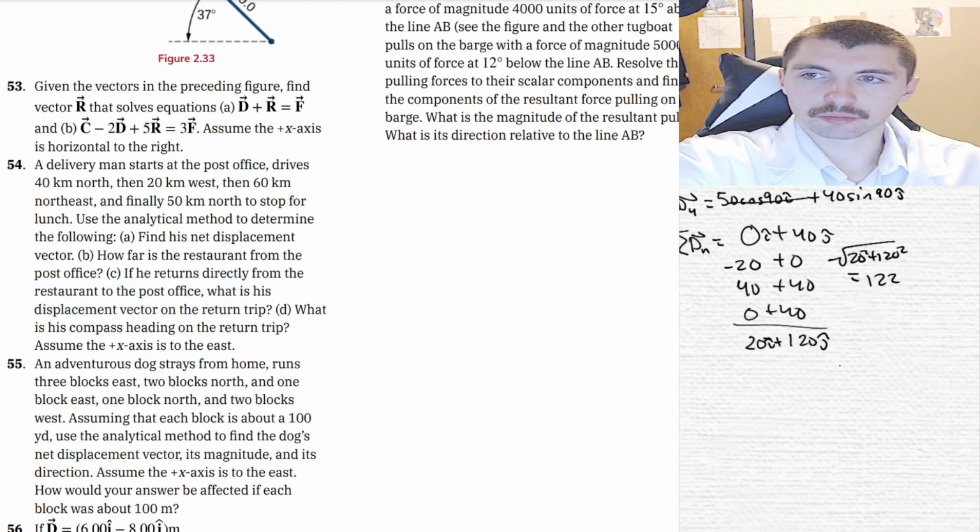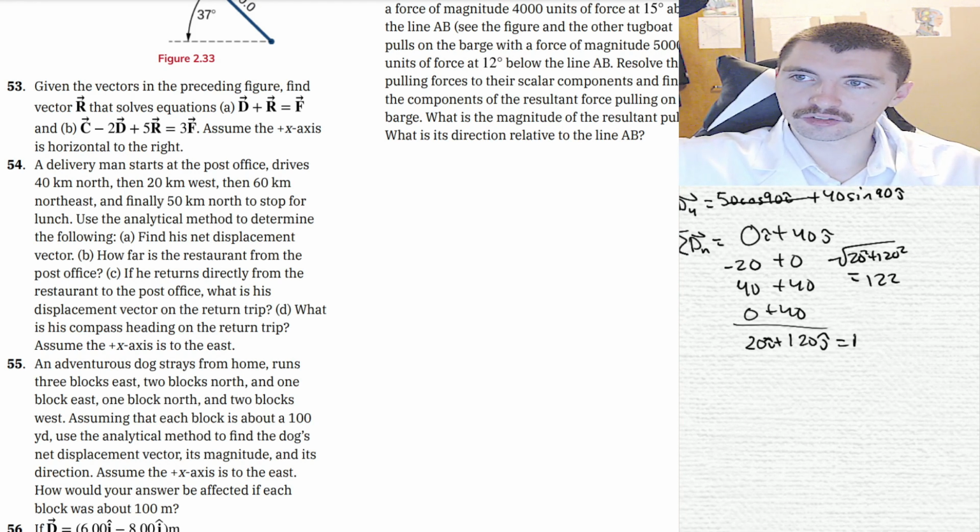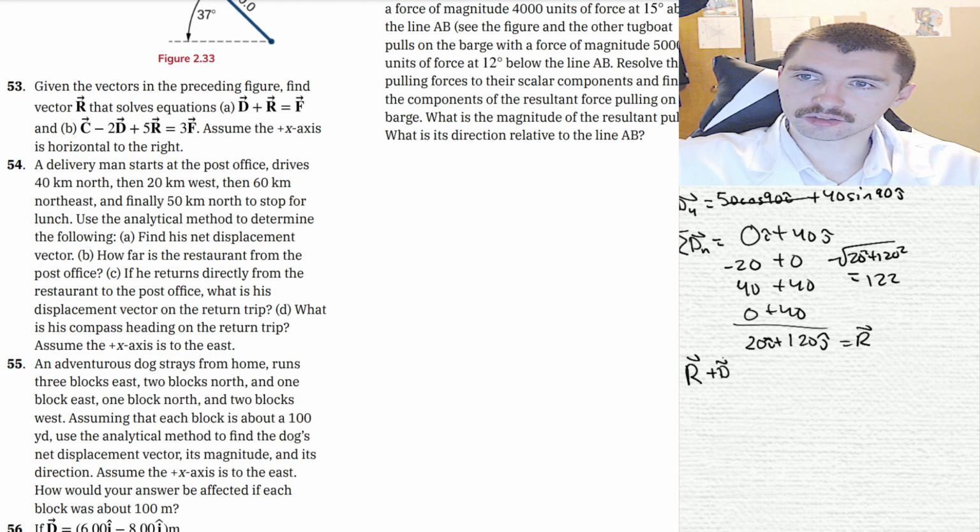Okay, so what is this displacement vector? So if this is R resultant, then R plus D equals 0.